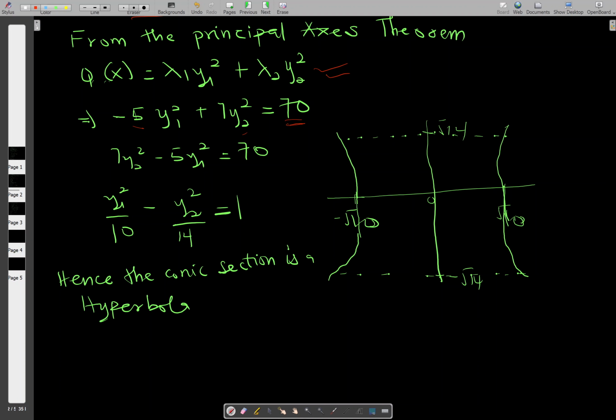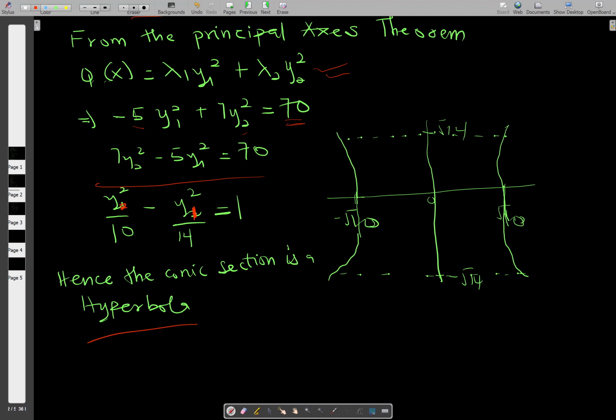We can divide through by 70, so 7 y2 squared over 70 is y2 squared over 10, and y1 squared over 14, equals 1, and this is a hyperbola.